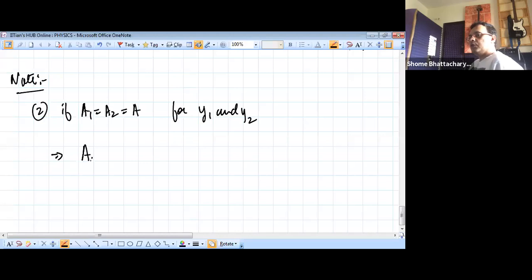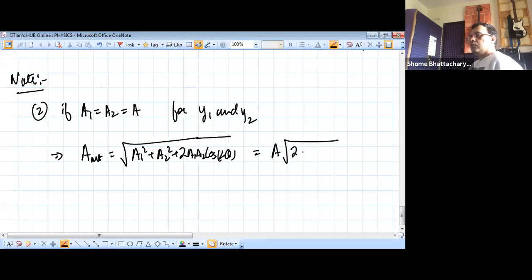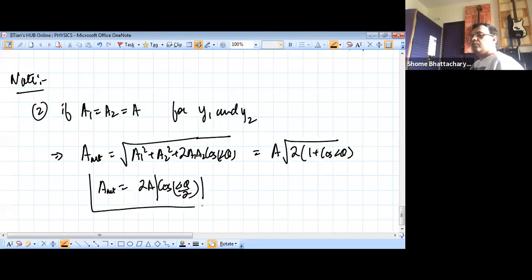This net amplitude formula, like you've done in vector algebra, becomes A into square root of 2 into 1 plus cos delta phi, which you can further reduce to 2A cos delta phi by 2. But remember, this will come with a mod because you remove the square root. So the net amplitude will come in this kind of form.